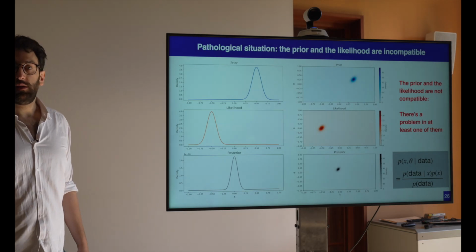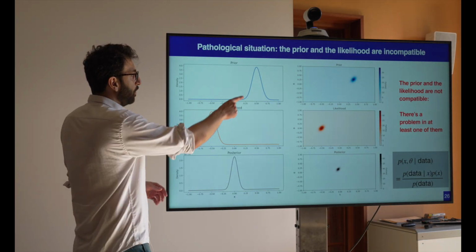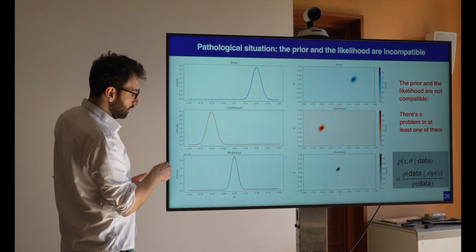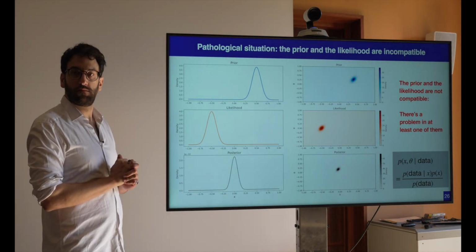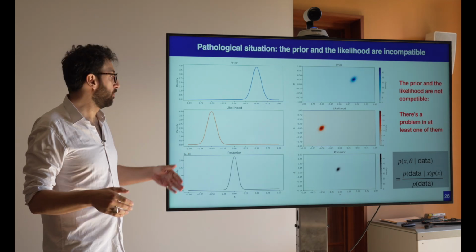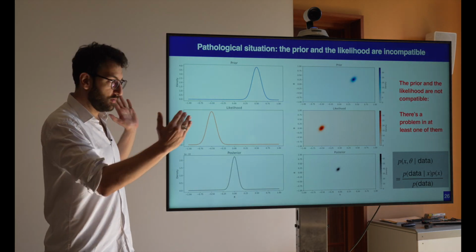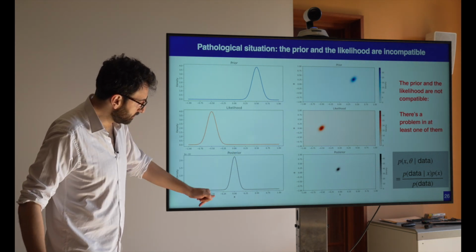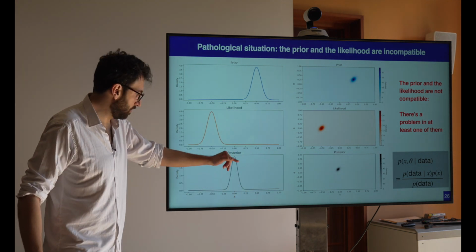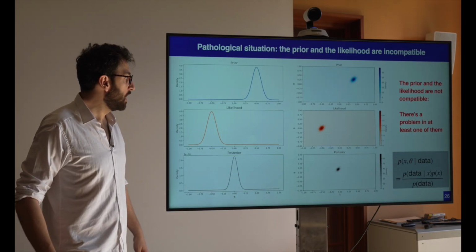Another situation you need to be aware of is this one. You have your prior here, your likelihood here, and the posterior is in between. That's when you do the product of 2 Gaussians, which are symmetrical with respect to one value, the product is a Gaussian centered at the mean of the 2.